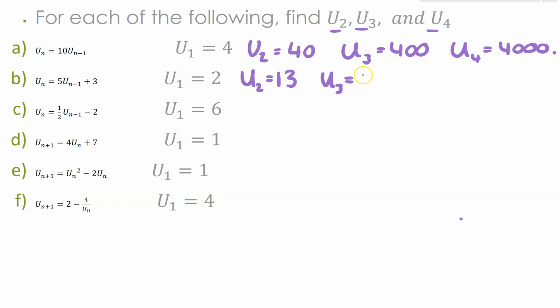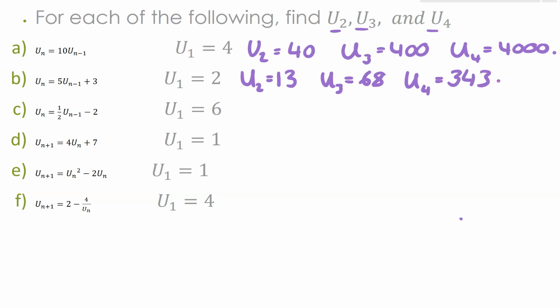So you're going to multiply the previous term by 5, then add 3. So 13 times 5, or 5 times 13, however which way you like, is going to be 65, and then add the extra 3 is 68. And U4 is going to be 5 times 68, and then add another 3, so that's going to be 340, and then add 3 is 343.